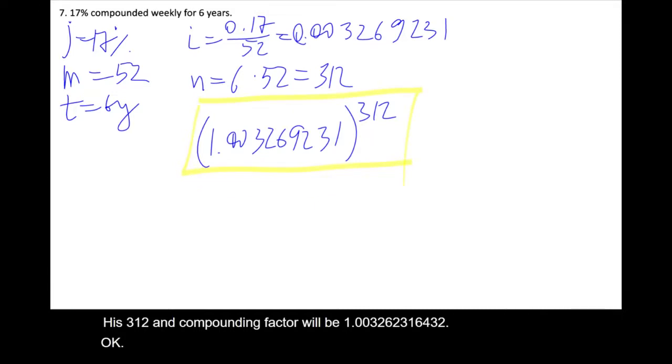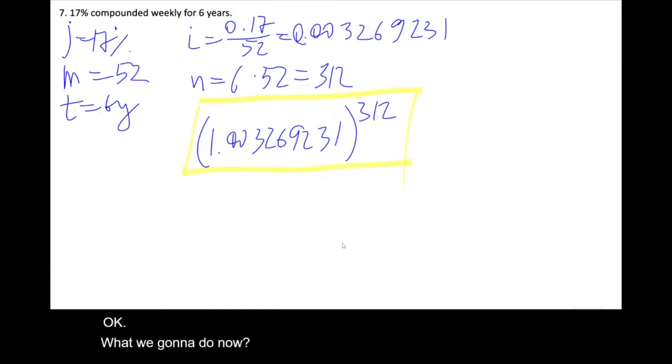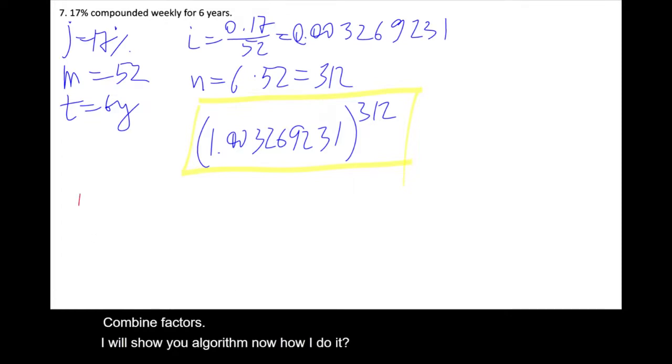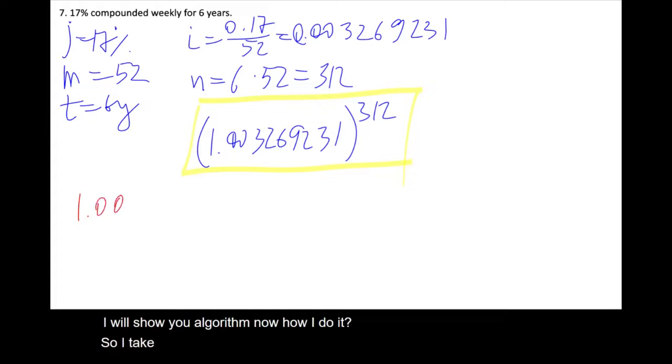What we're going to do now, we will roll back and calculate all these compounding factors. I will show you the algorithm for how I do it. I take the value in the brackets.